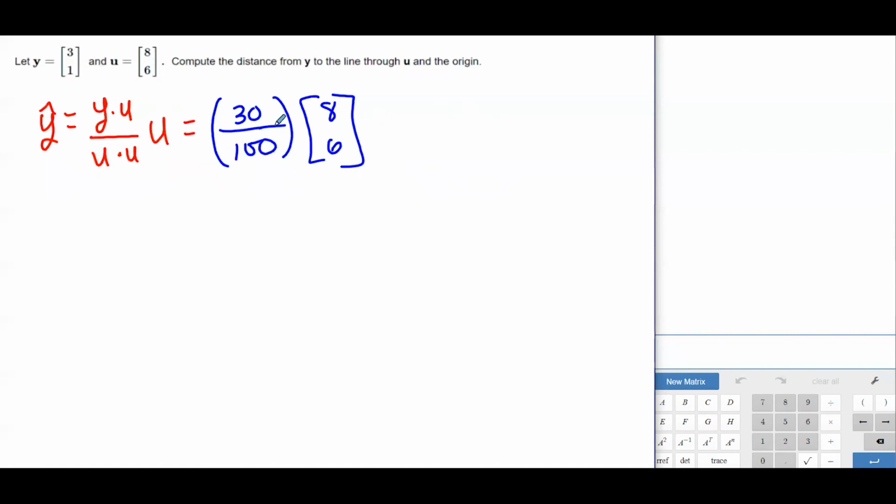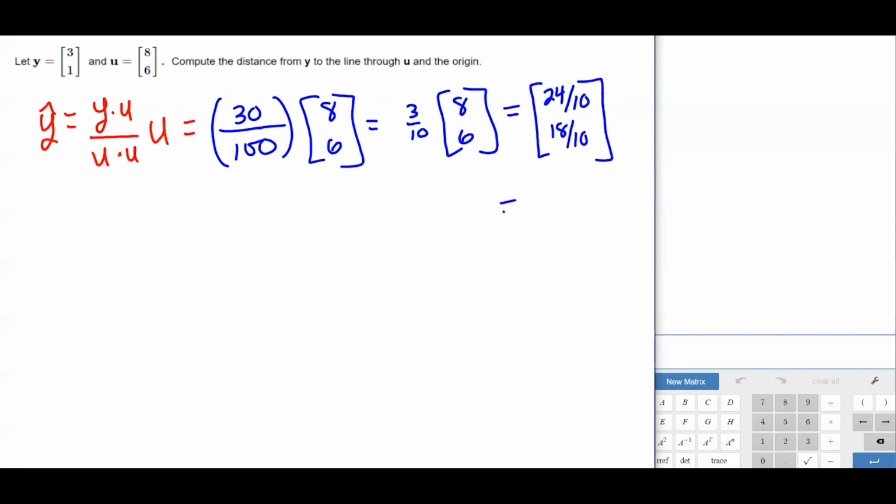So we get 3/10. That'll be 24 tenths and 18 tenths, which we can reduce. That is 12 fifths and 9 fifths. All right, so that's our projection.